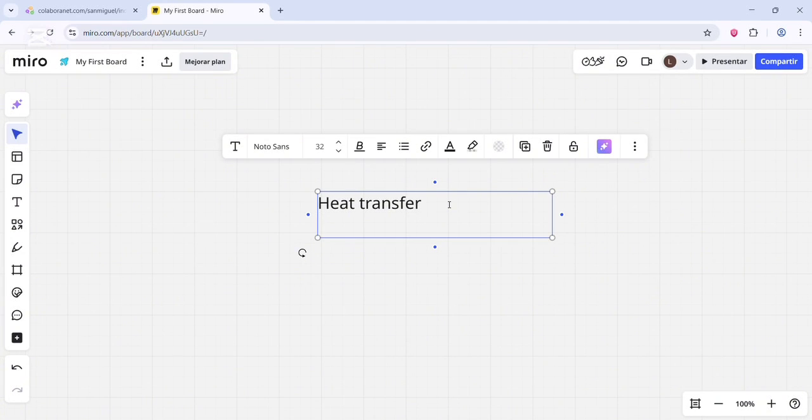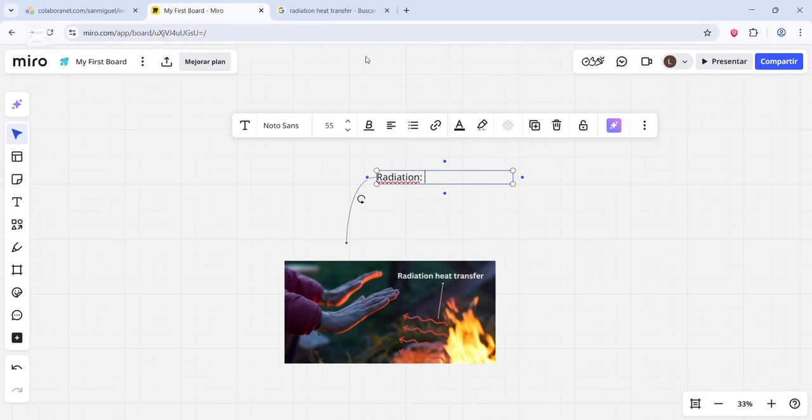This episode we're gonna talk about heat transfer. Now radiation. Radiation is the transfer of heat through electromagnetic waves.